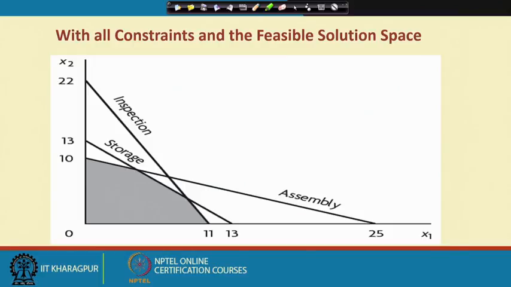So we take all the corner points, that is with respect to the combination of x 1 and x 2, and put these values in the objective function, and check where the value of the objective function will be at the highest. Once you get that, accordingly we can fix which one is the optimum solution out of all possible alternatives.